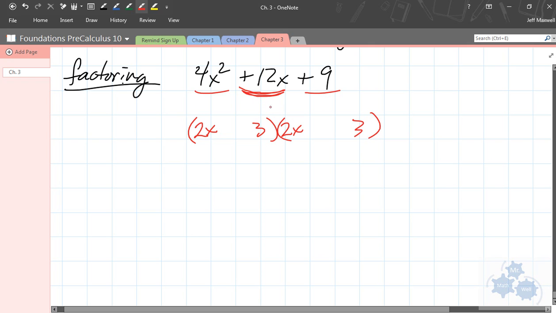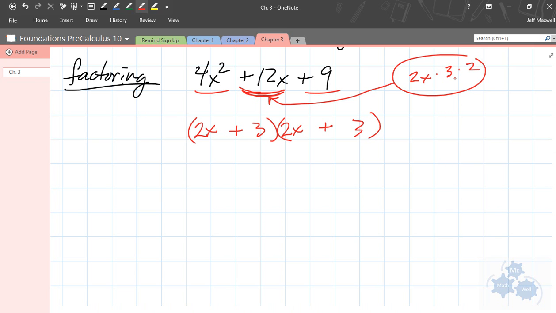And you look and you say, well, 2 times 3 is 6, and 3 times 2 is 6, so guess what? Yeah, that's going to give me 12. Or you look at this and you say, okay, 2x times 3 times 2. Does this give me 12? And yeah, it does. 2 times 3 is 6, times 2 is 12x. Right? Is that right? Good? You get it? So I just did that one for you.